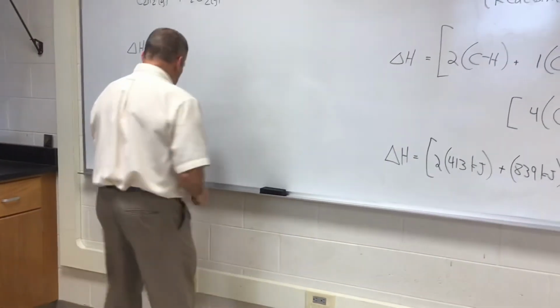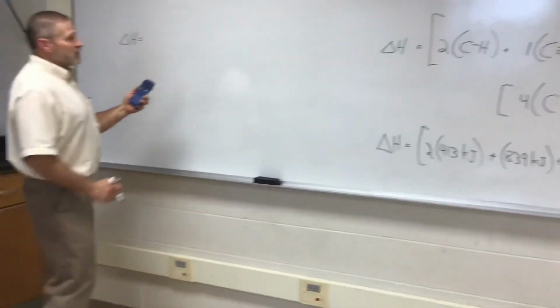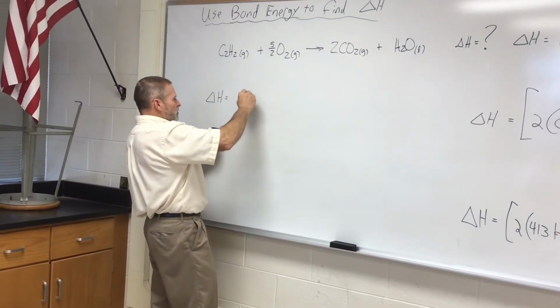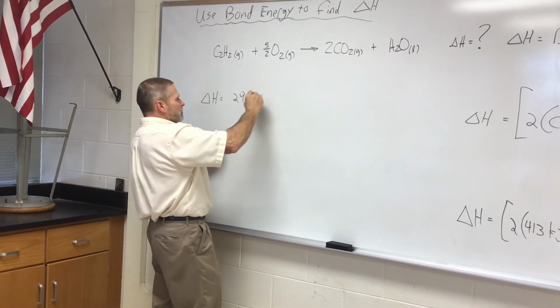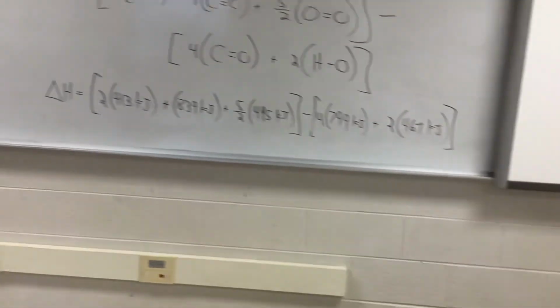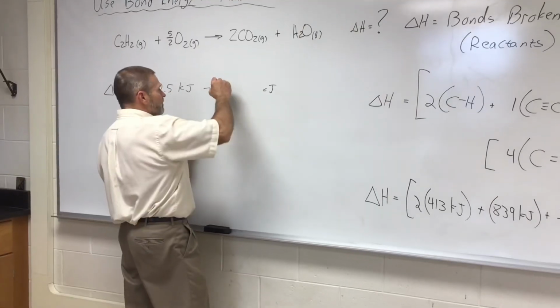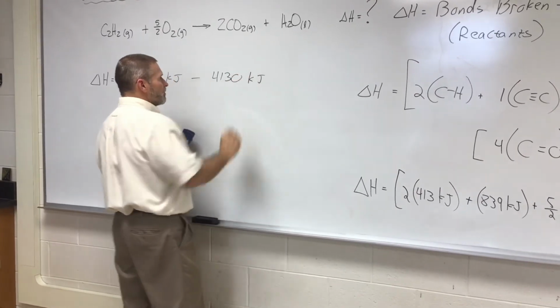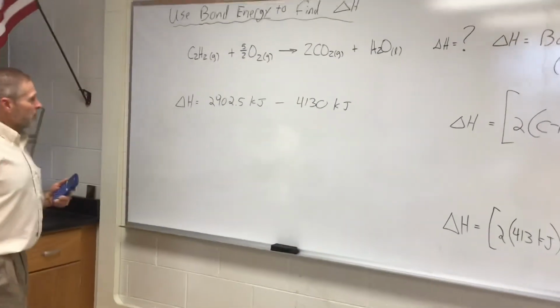Okay, so if I haven't goofed up here, our bonds broken is 2,902.5 kilojoules minus, okay, so bonds broken minus bonds formed.